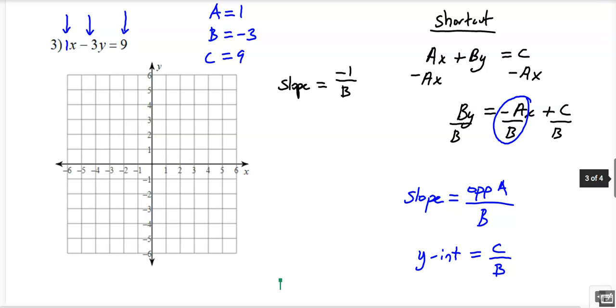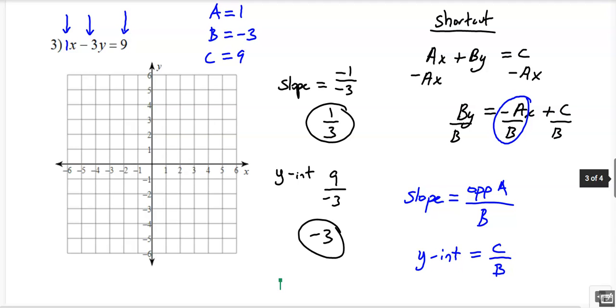I want to actually write the number in there. Opposite of a over b, which is negative 1 over negative 3. So that means our slope is 1/3. And then the y-intercept is just going to be c over b, which is 9 over negative 3, or negative 3. So now I have the y-intercept, I have my slope.